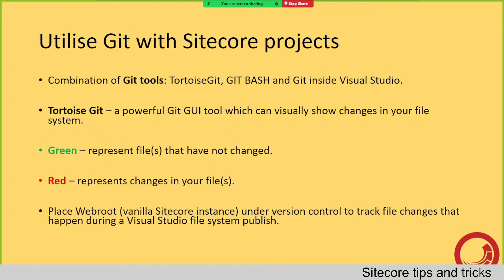I'm not storing the web root on a public repo or anything like that. But I just put the web root on version control locally so that when I'm publishing files from my source folder into my web root, I can see what files are going across in that file system publish. And with that knowledge and with that understanding of what's actually being changed, it enables me as a developer to sort of know what's important, know which files are not important.